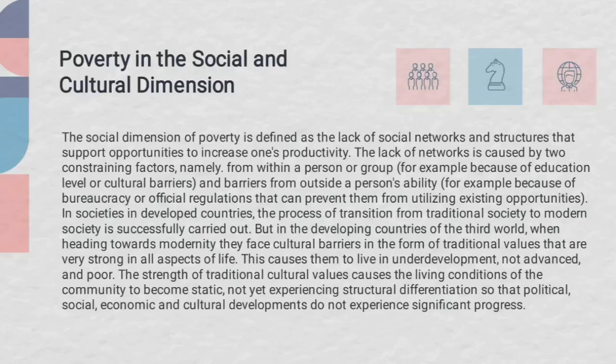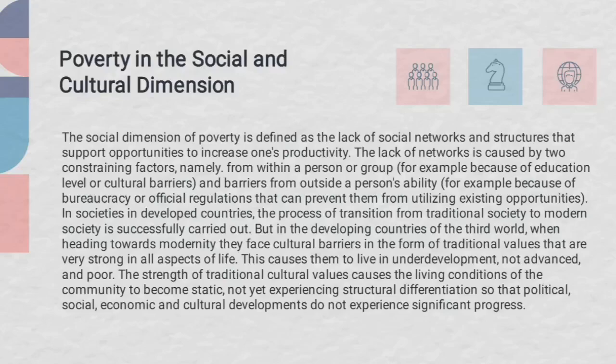In societies in developed countries, the process of transition from traditional society to modern society is successfully carried out, but in the developing countries of the third world, when heading toward modernity, they face cultural barriers in the form of traditional values that are very strong in all aspects of life.